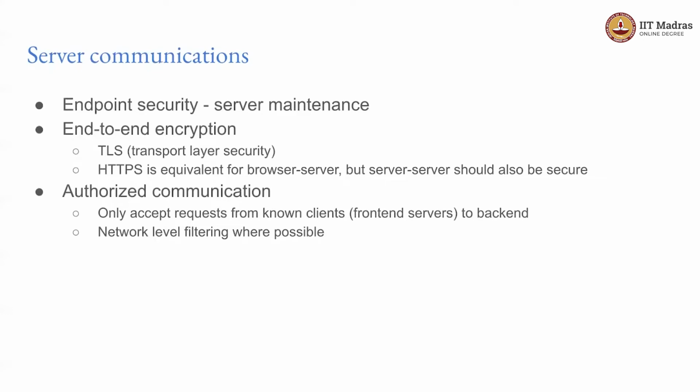And another step that you can take in this direction is to allow only authorized communications. That is, only requests from known clients will be accepted by the backend servers, right? In fact, you could go to the extent of saying that backend servers cannot be directly accessed even by clients, or rather by browsers, right? Only certain front-end servers are allowed to make requests to the backend.